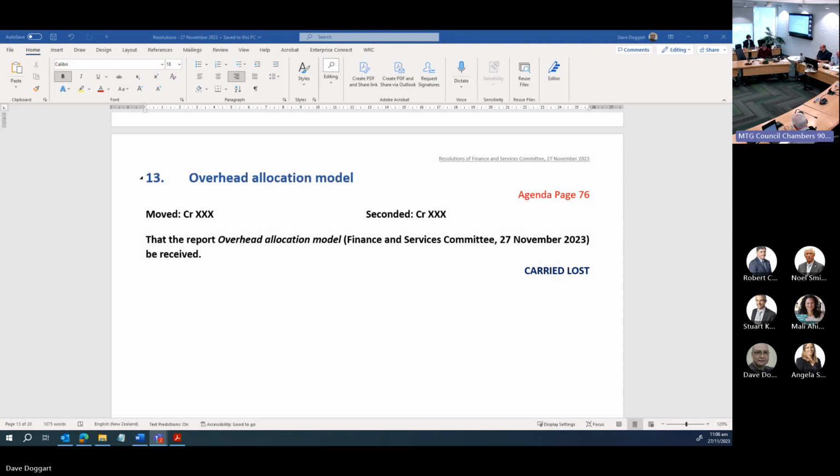So as is noted there, I've set out in general terms under section 8 of the report the basis on which the overhead allocations are moved or allocated to those management cost centres.